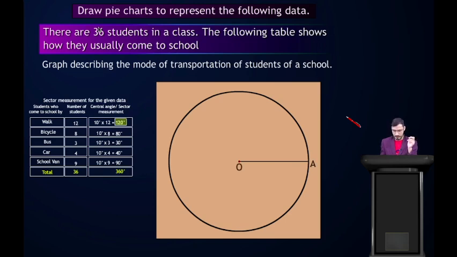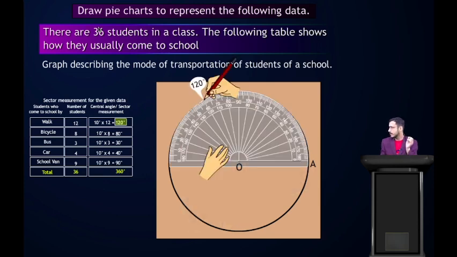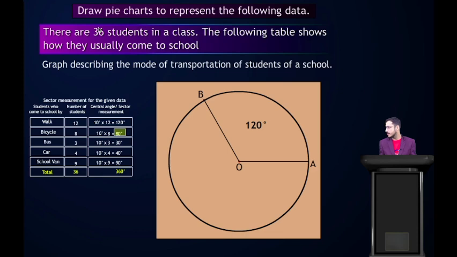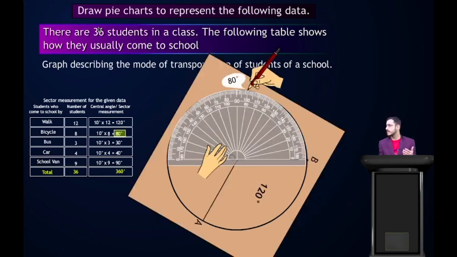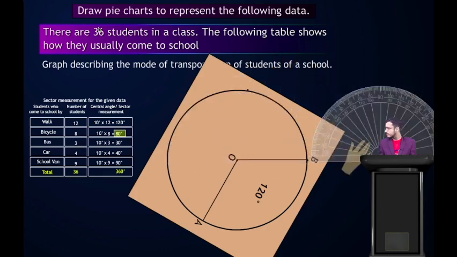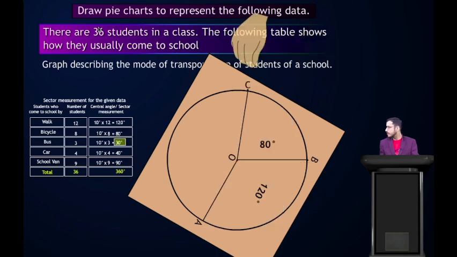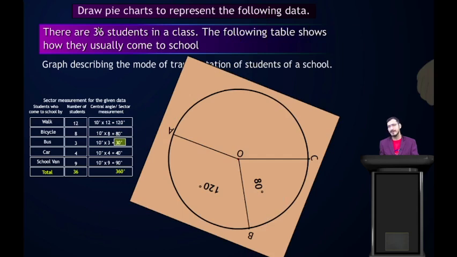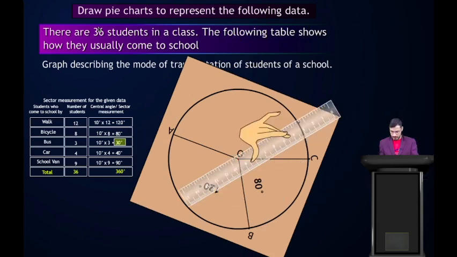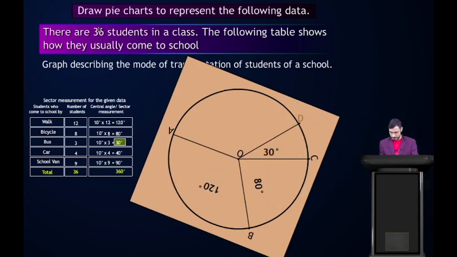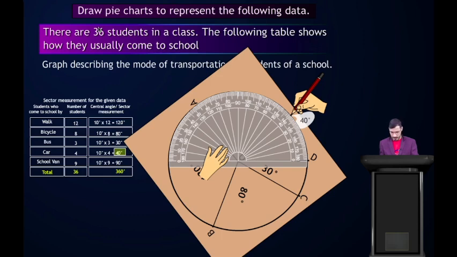Now draw radius OA, and then for the first angle draw 120 degree, then one by one you can draw the angles like this: 80 degree, 30 degree, then 40 degree, and last one is 90 degree.